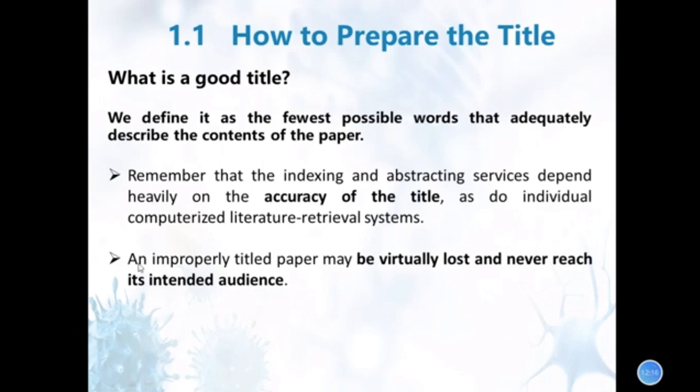So, an improperly titled paper may be virtually lost or never reach its intended audience. That means, if your paper's title is not good enough, perhaps no one will find it.